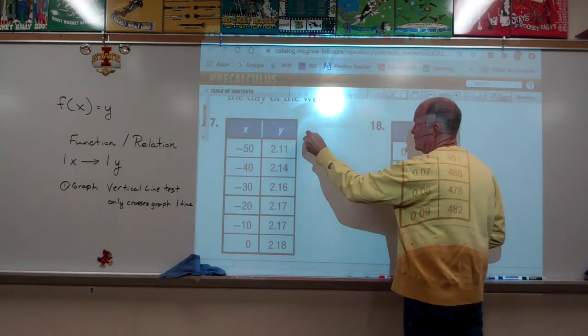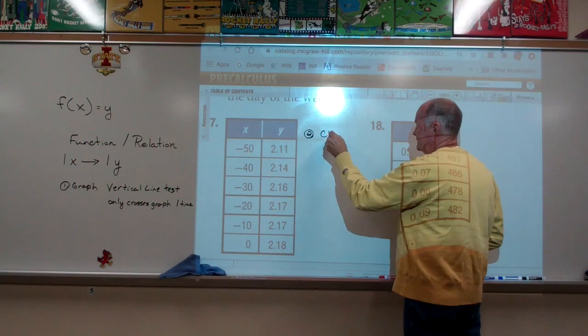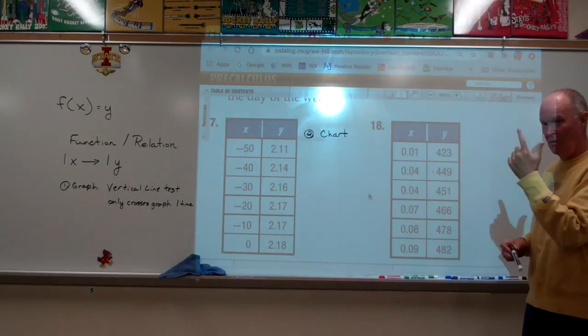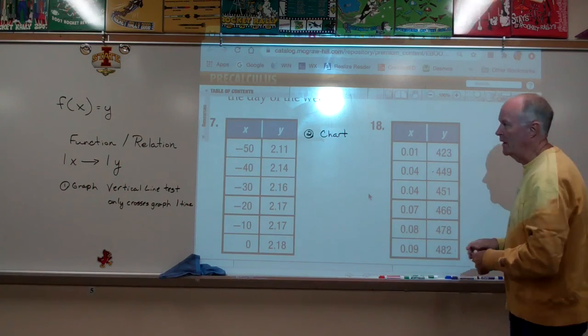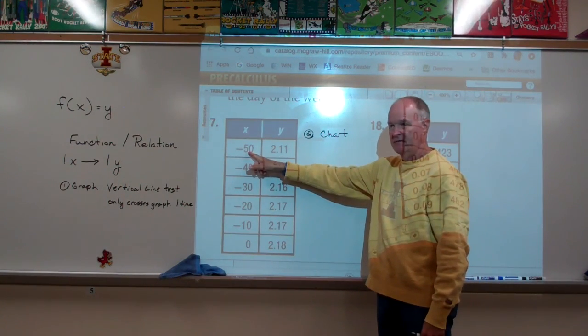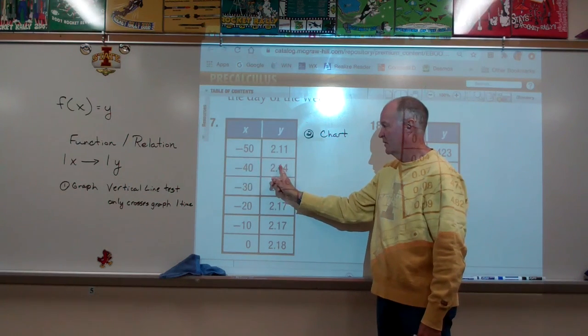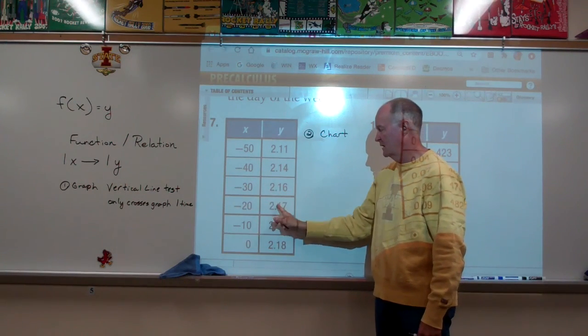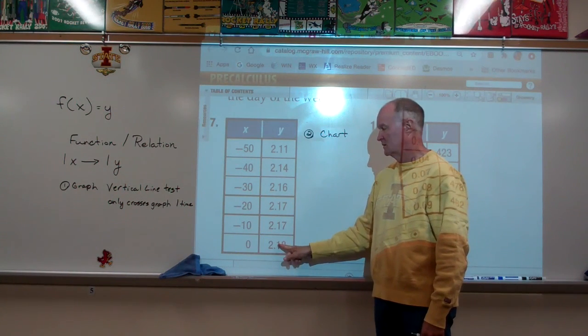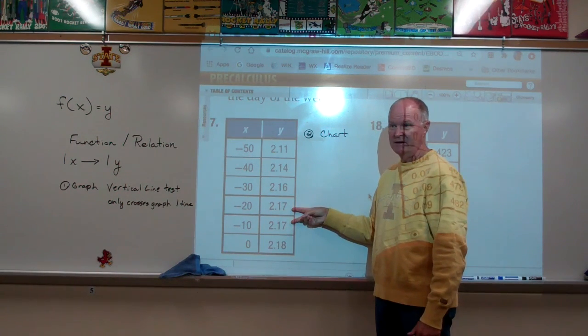So that's the second method, the chart, or a table of data, whatever it is. Remember, 1 x has to go to 1 y. If we look at this data, negative 50 goes there, negative 40 goes there, negative 30, negative 20, negative 10, 0 goes there. Ooh, these went to the same y value. Is that okay?